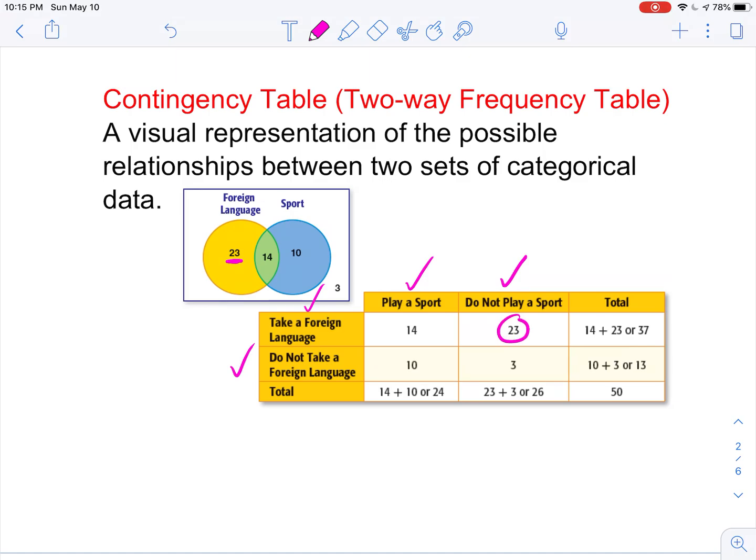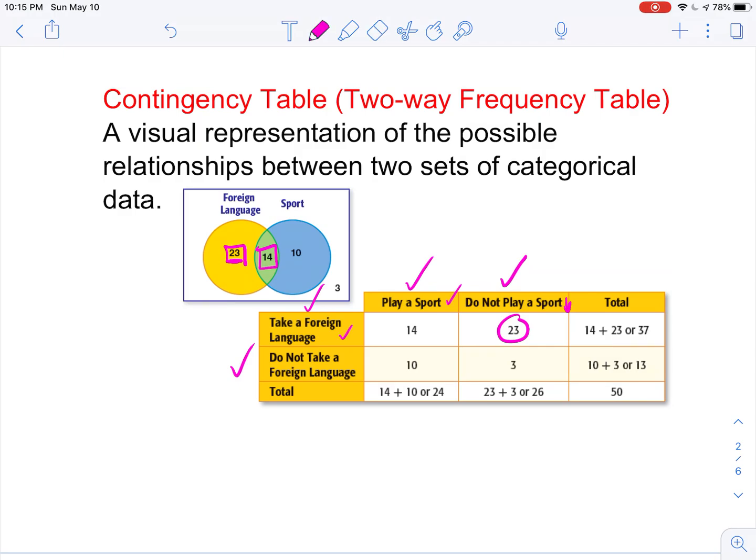Okay, so where do the numbers fall? Well, this 23, students who just take foreign language, falls in this box here, right? Well, what is this box? Well, it's the intersection, basically, of those who take a foreign language and those who do not play a sport. Okay, so that's how that information gets transferred.